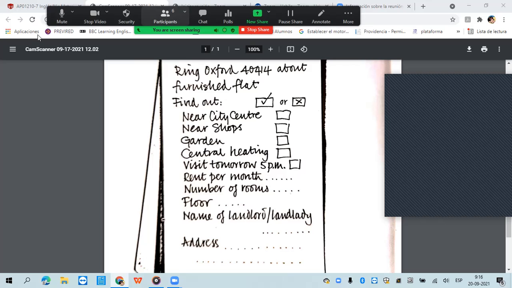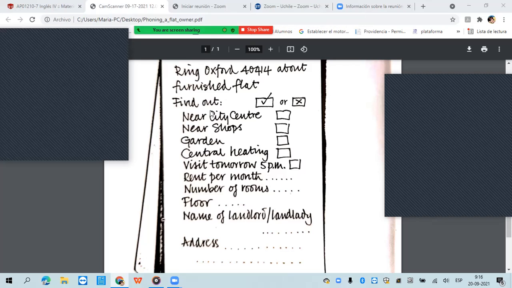So, is it near the city center? Yes or no? Yes, right. Any other information about the distance? 1 kilometer.